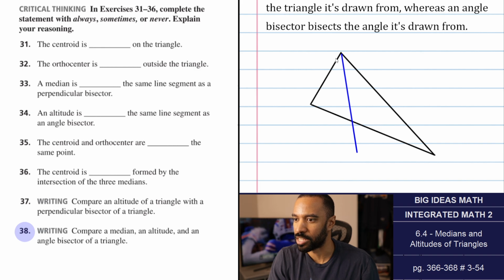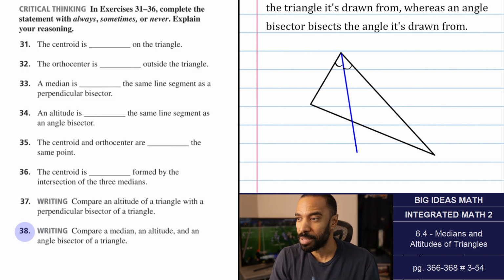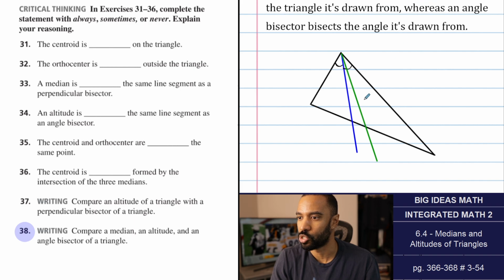Imagine that this thing is bisecting this angle and it's like, okay, these are congruent. That's an angle bisector. Well, the median needs to bisect the side. So the median is more bisecting the side, right? So this is the part that says these two are congruent like that.